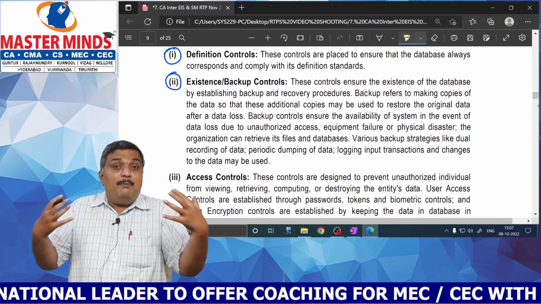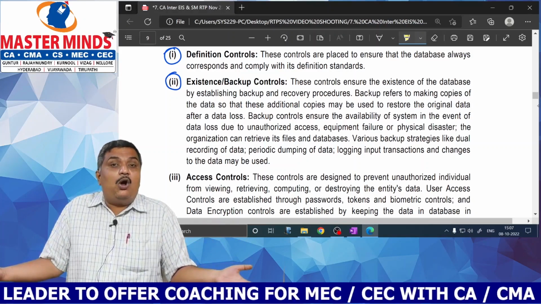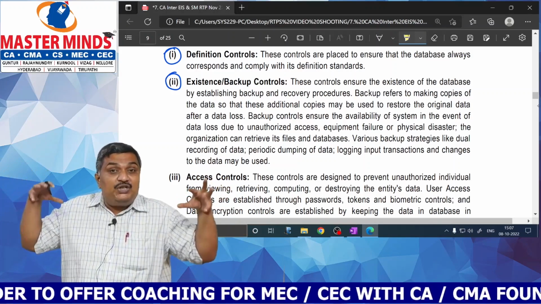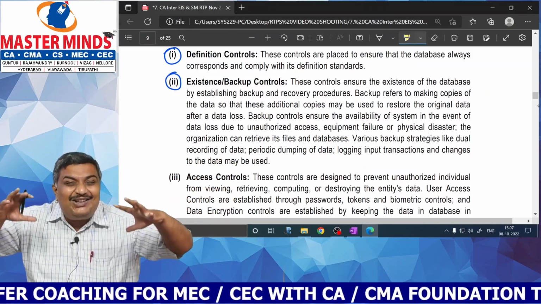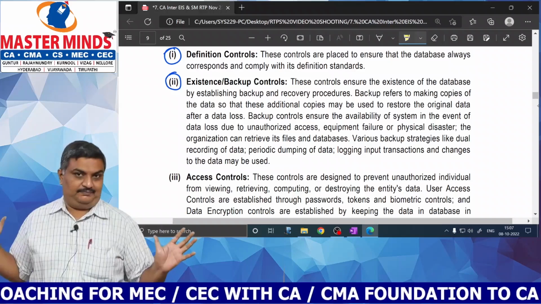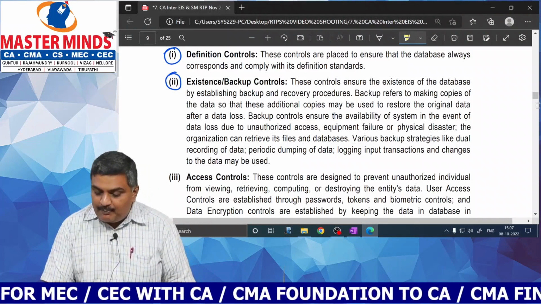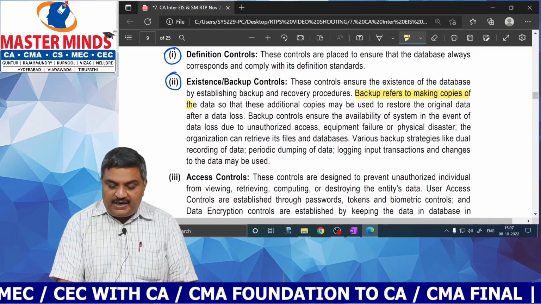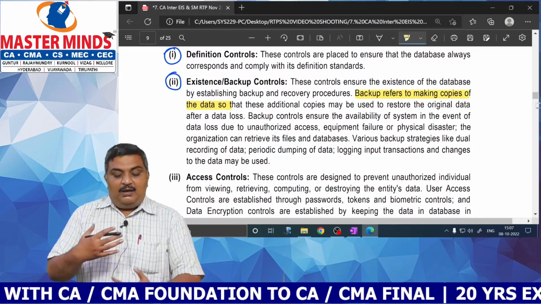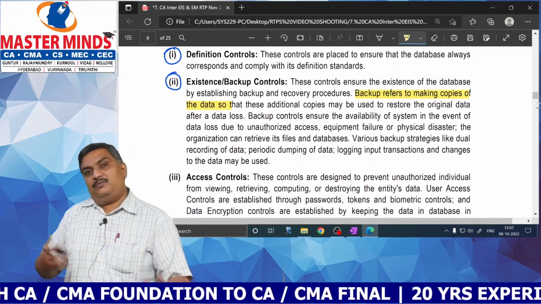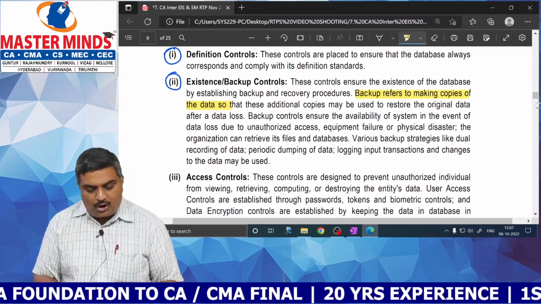You need to periodically take the backup of your data, and whenever there is something wrong, definitely you should be in a position to restore the data as early as possible in the least amount of time. That is very important. So what do you mean by backup? Backup refers to making copies of the data. And what do you mean by recovery? You just recover the data from the backup and use it normally.